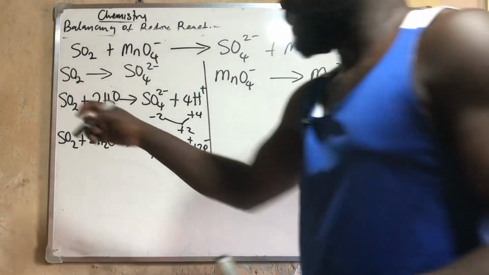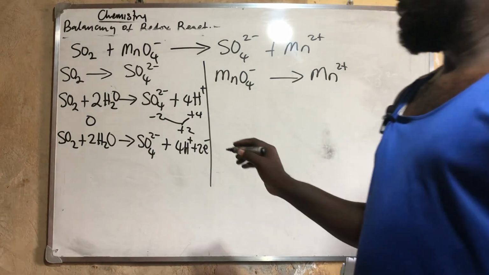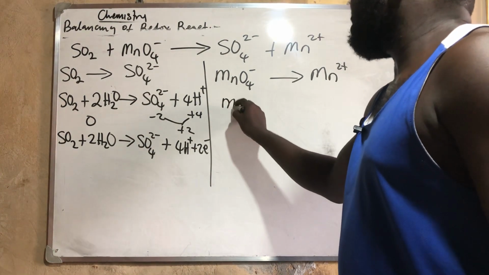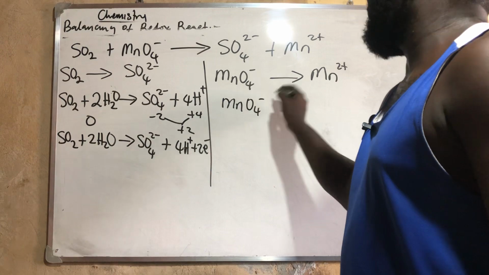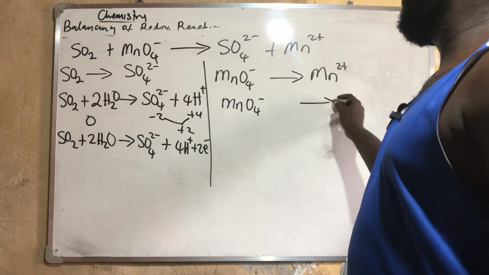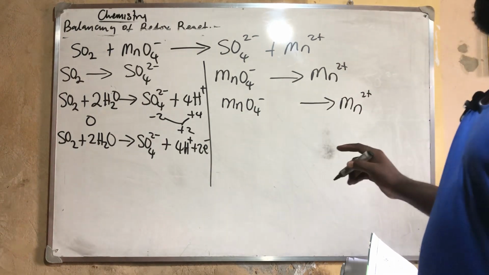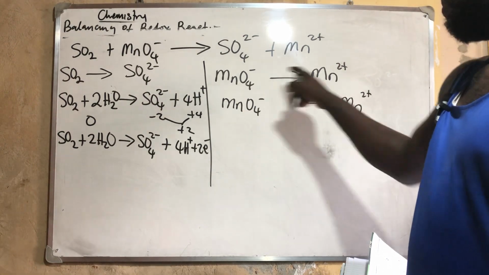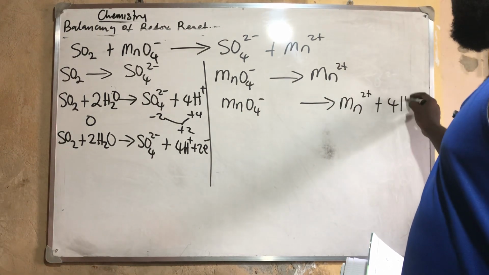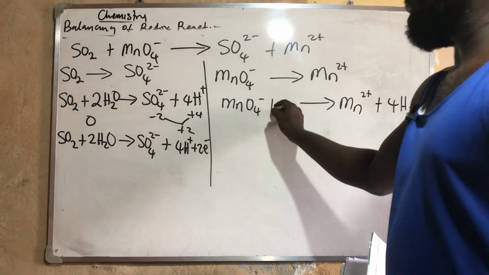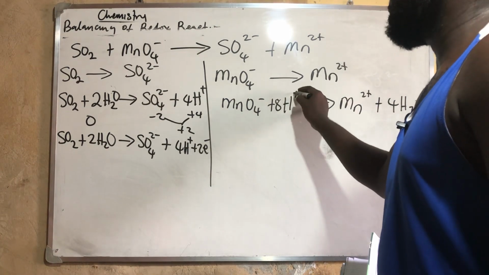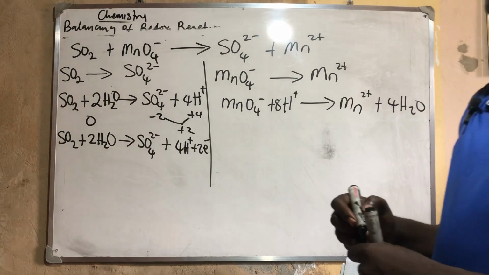Because this is bigger than this by 2. So let's do the same thing here. I'm going to have MnO4 minus to give us Mn2 plus. I left a space here for a reason, because I'm adding 4 water here. So 4 H2O, which means I'm adding 8 hydrogen plus here, because 2 times 4 is 8.